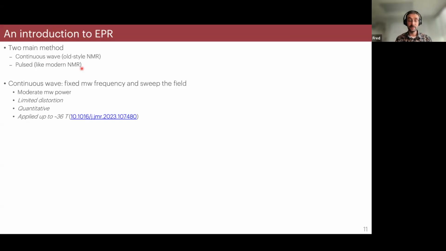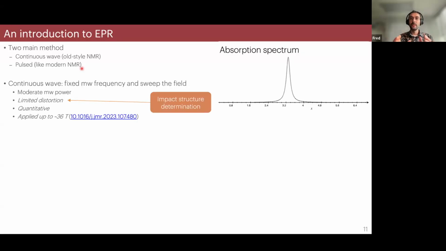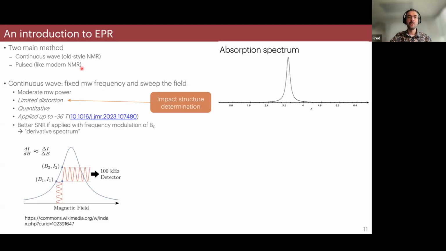It's quantitative, that's another aspect of it, and can be applied therefore at very high field because you only require modest microwave power. The fact that it has limited distortion is very important for the structure determination, as far as I'm concerned, for the biradicals. If this is what you're used to, an absorption spectrum, under continuous wave CW EPR, you actually need to modulate the field to improve the signal to noise.